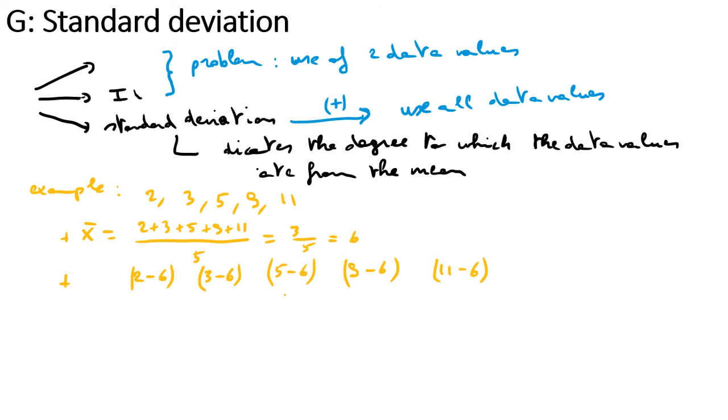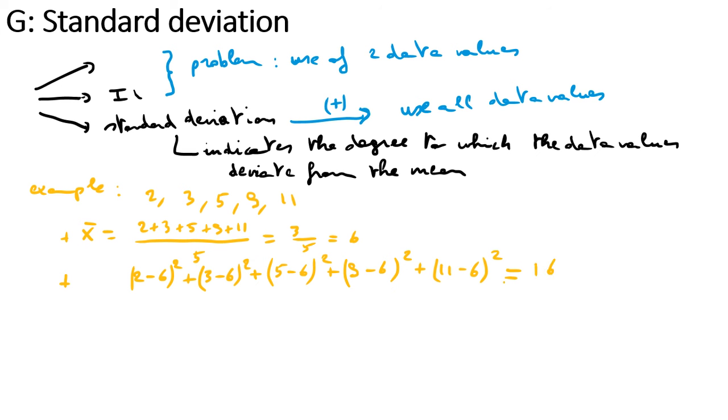We have to add them, but if we add them, sometimes we have a negative number, sometimes a positive. They will cancel each other. That's why we take the square of all of them, and we add the square of the deviations. So 2 minus 6 is minus 4 to the power of 2 is 16.